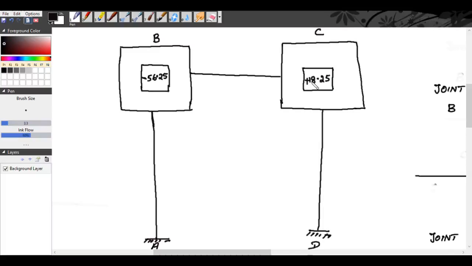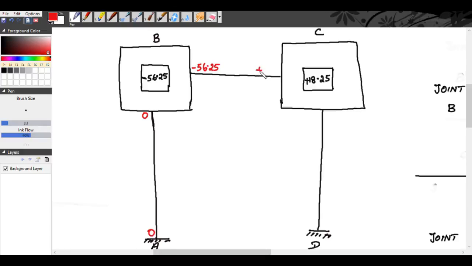Now we will write the fixed end moments. We know the fixed end moments. M of AB is 0, right? Fixed end moment M of AB is 0. M of BA is 0. M of BC is minus 56.25.